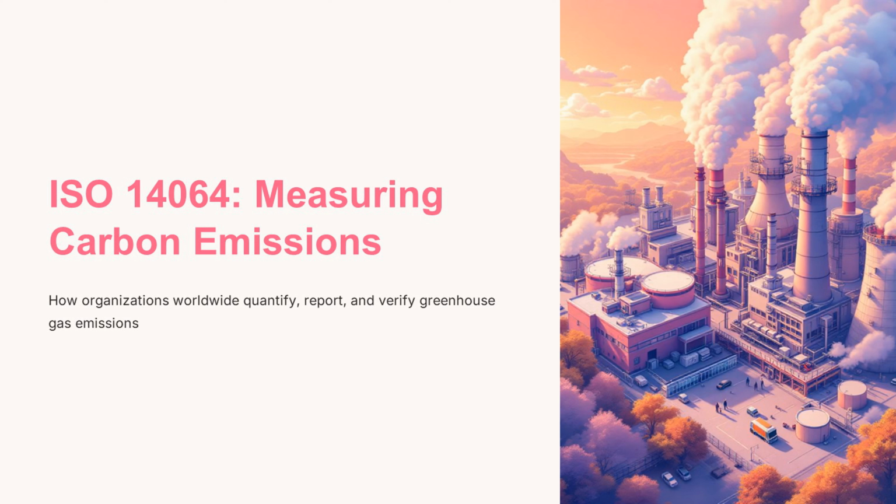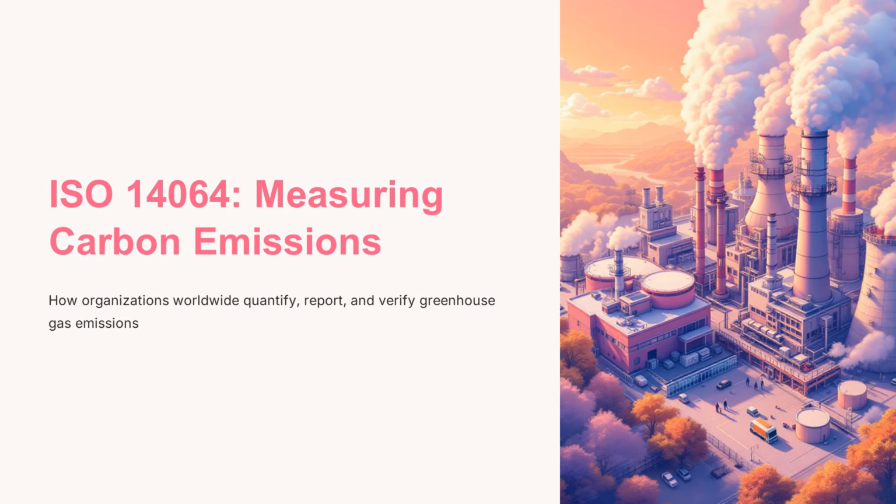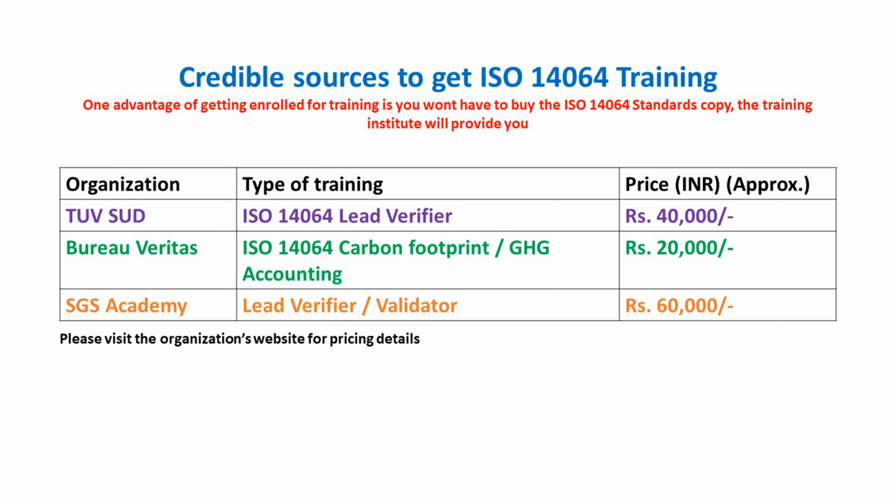So the answer to the previous question lies in an international standard known as ISO 14064. ISO 14064 provides globally recognized guidelines for quantifying, reporting, monitoring, and verifying greenhouse gas emissions.